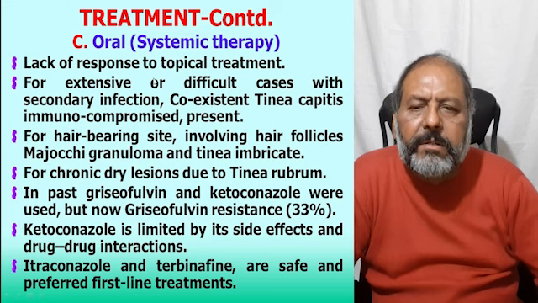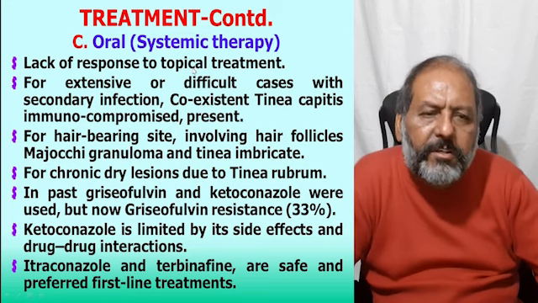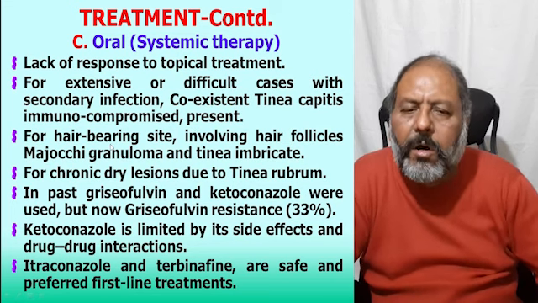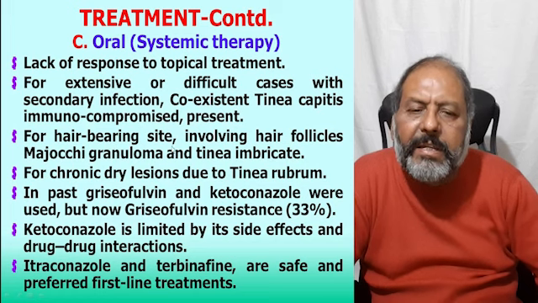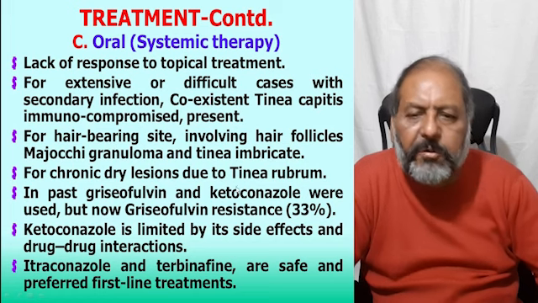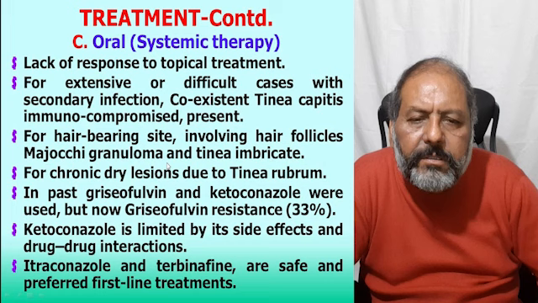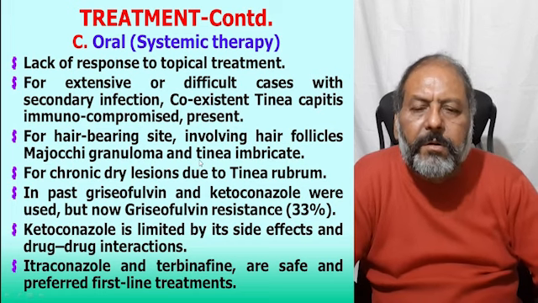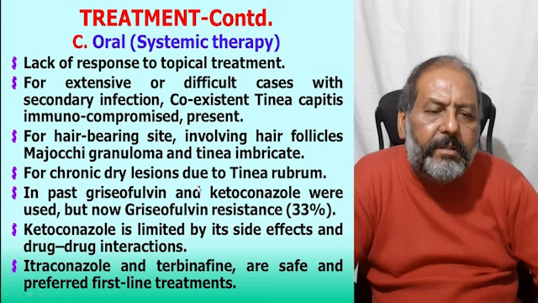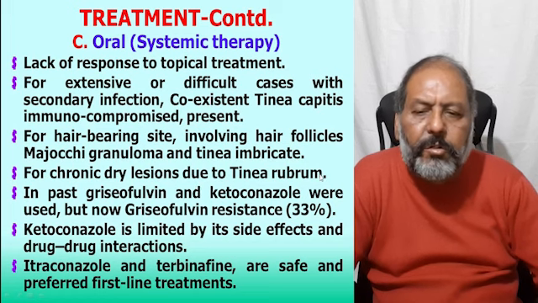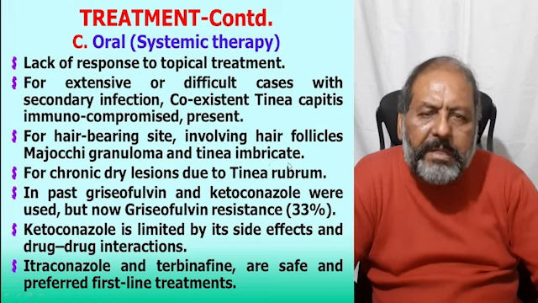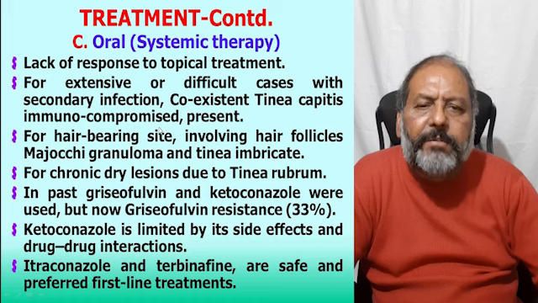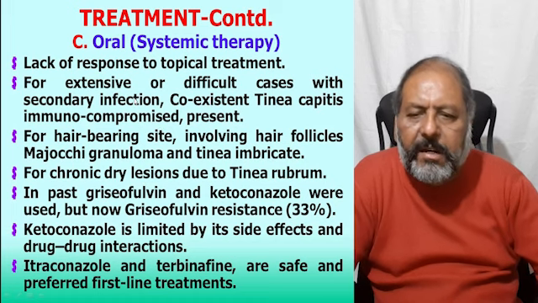That is the choice for oral systemic therapy. Also for hair bearing sites involving the hair follicles, Majocchi's granuloma, and Tinea imbricata, for chronic dry lesion due to the Tinea rubrum, that is being the preferred choice for oral systemic therapy.